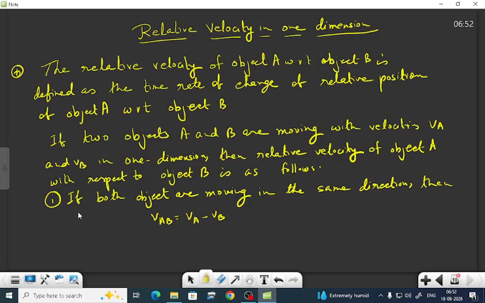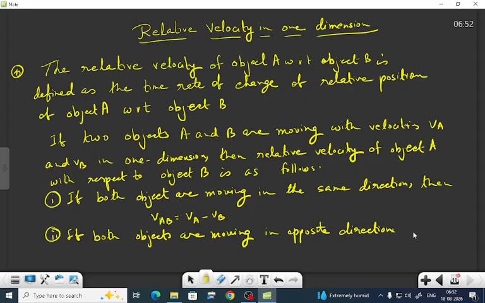And number two, if both objects are moving in opposite directions, then VAB is equal to VA minus (−VB), that is, we get VA plus VB.